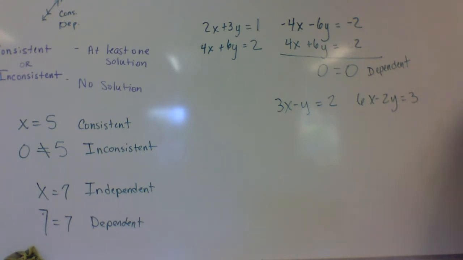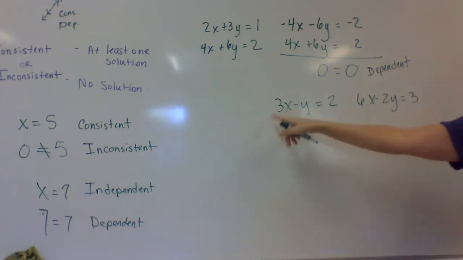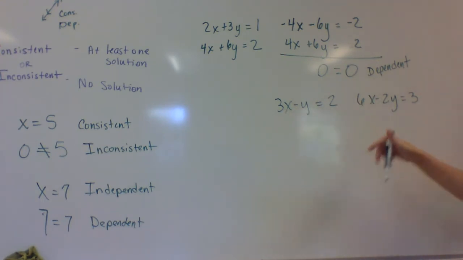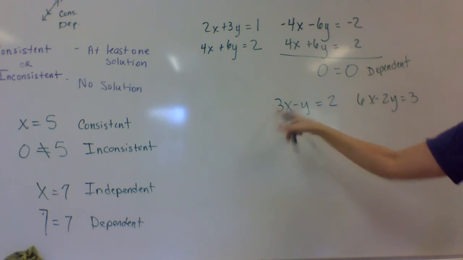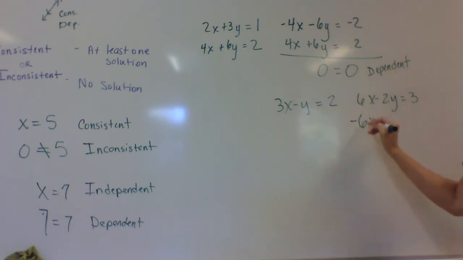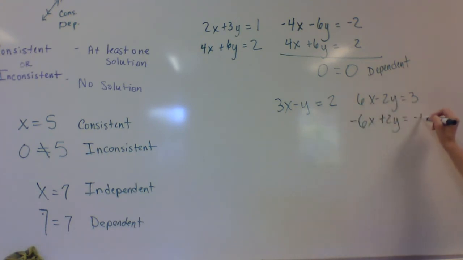Come on, Brewer, give me a plan. Multiply times -3, and then wait, no, because then that'll be 9 and that'll be 6. Try again. -2. Okay, then that'll be -6, and that would be +6. So I'm going to do this one by -2. I get -6x plus 2y, -4.